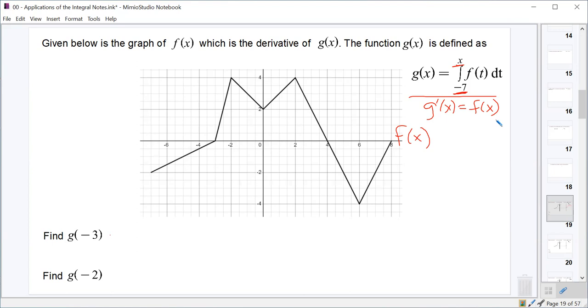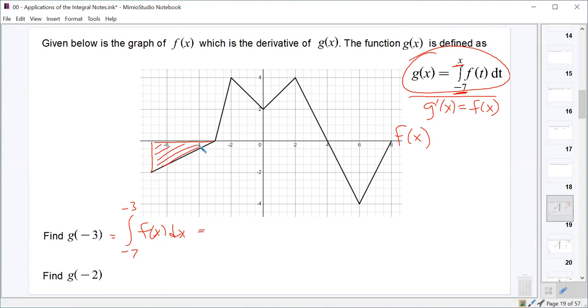Well, g of -3, if I just plug -3 into g of x over here, is just an integral from -7 to -3 of f. Well, in order to find that, we just need to look at the value of the area between the curve and the x-axis here. But keeping in mind that g is equal to an integral, not just the area.